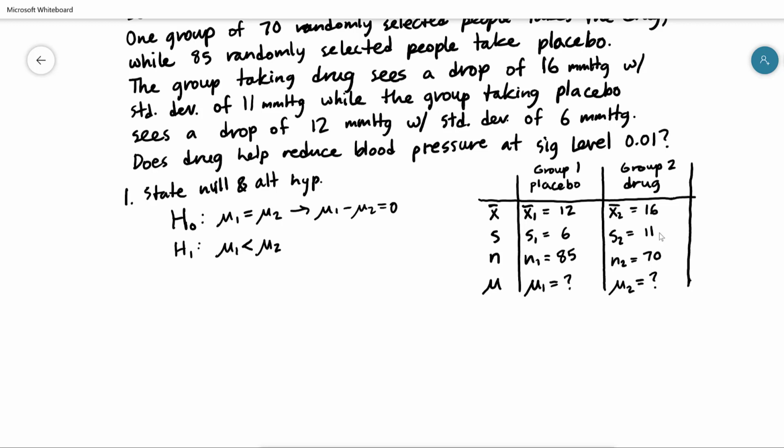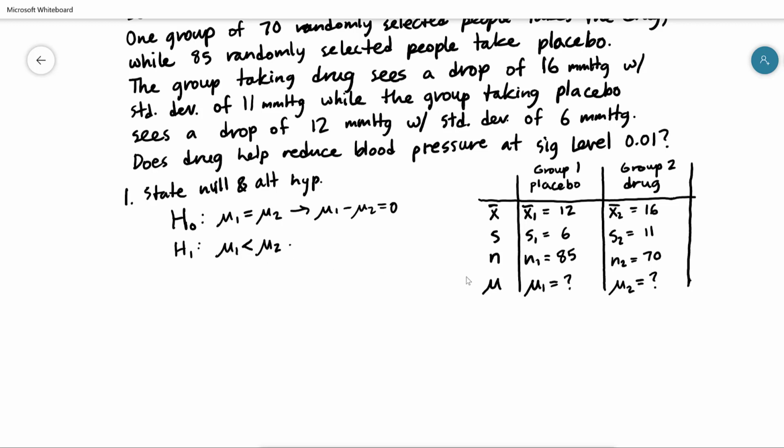Mu1 should be less than mu2. Mu1 is the drop that I would expect to be associated with the placebo group, because that's group 1. Mu2 is the drop associated with the people that took the drug. Our evidence shows that group 2 had a bigger drop than group 1, that this number should be bigger than this number. And that's how we've got it set up.